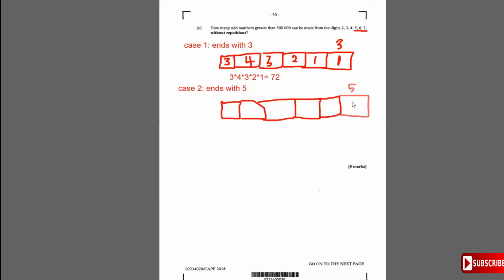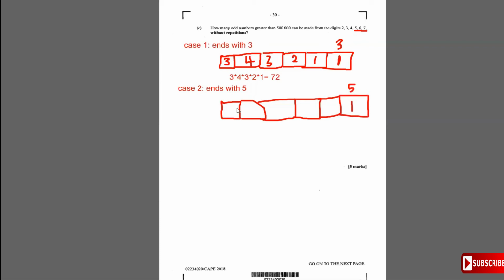Let's look at case 2 now. Case 2, as you rightfully call it, we're looking at the cases where it ends with a 5. How many odd numbers are there? 3, 5, 7. So there are 3 cases we have to look at. If it ends with a 5, that means the first number has to be 6 or 7 in order for it to be bigger than 500,000, because no number can be repeated. So this is 1, 2, 3, 4, 5, 6. This number here is 5, so there's only one number going to go there.